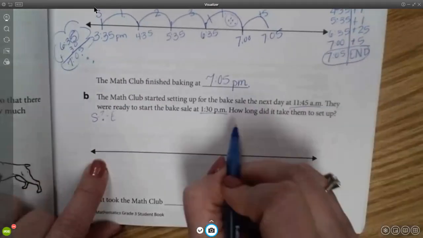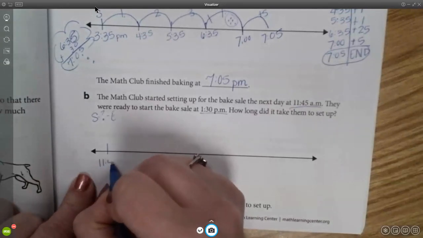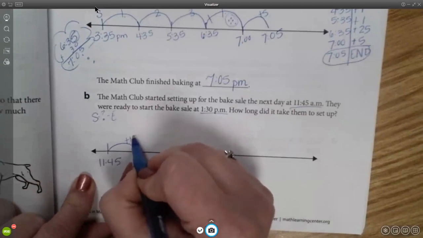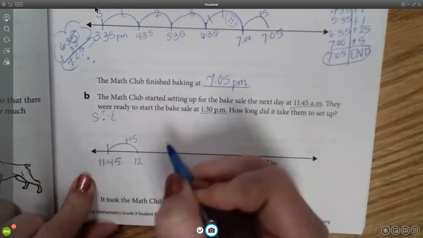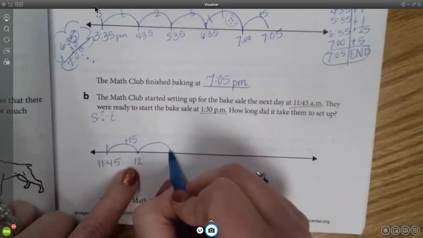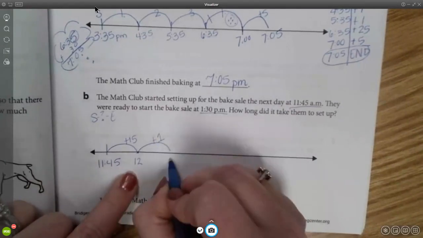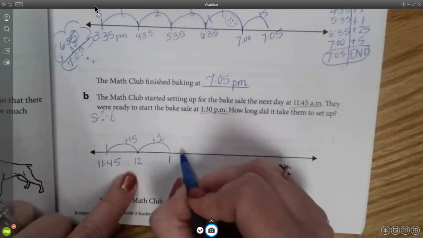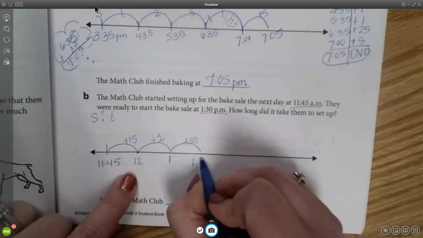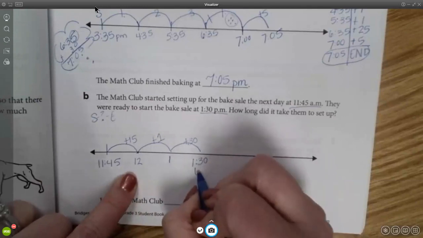So I'm going to start at 11:45. I know that it's 15 minutes to get to 12. Then I've got to keep going to 1, which is another hour. And then 30 minutes, which would be 1:30.